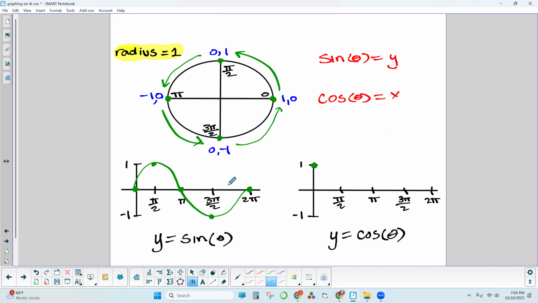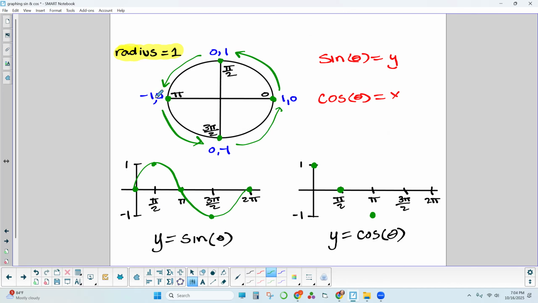Okay, all right, now let's look at cosine's parent graph. So cosine, as you can see at 0 radians, starts at 1, so it starts up high. And then as we move around, cosine goes to 0 at pi over 2. It goes to negative 1 at pi.